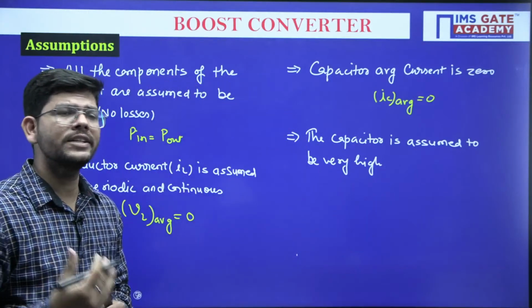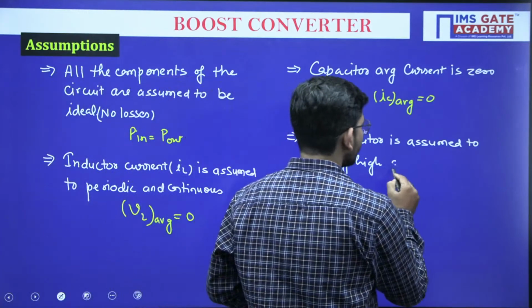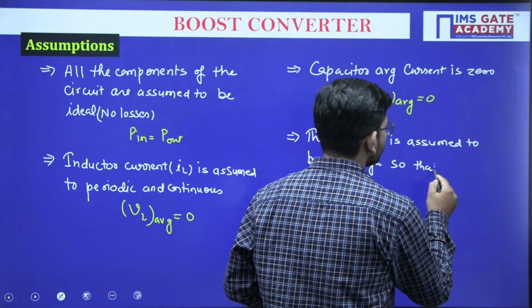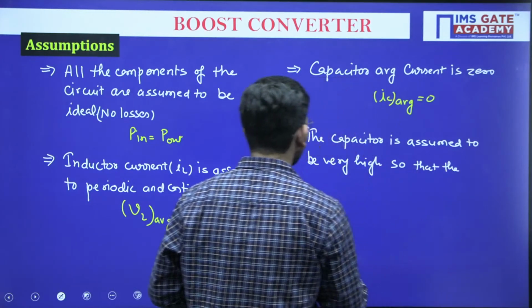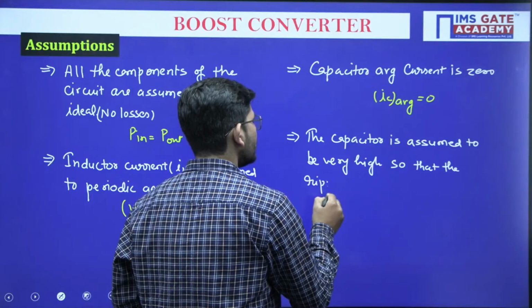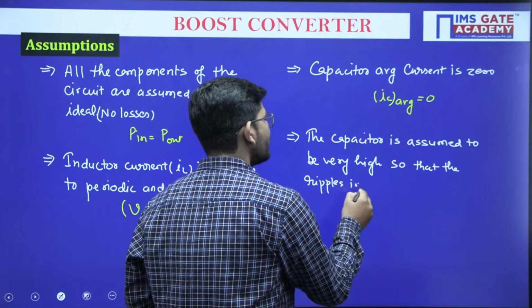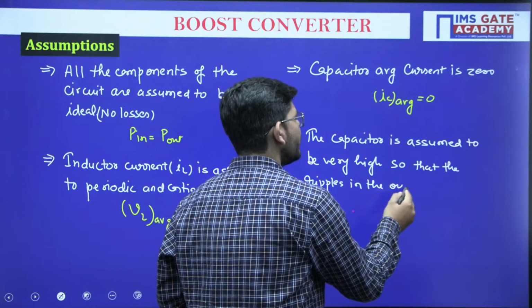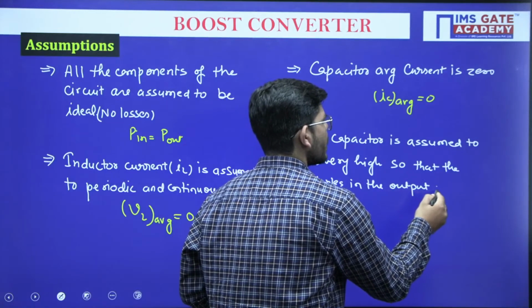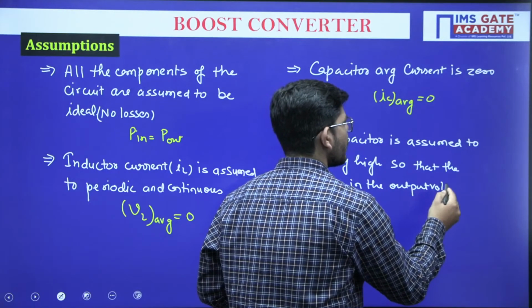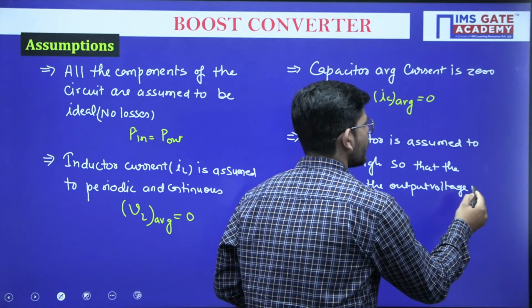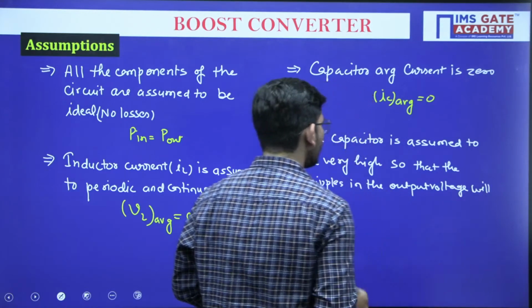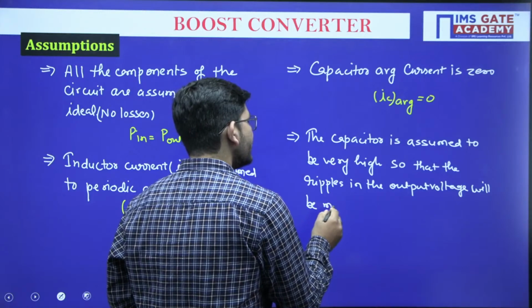The capacitor is assumed to be very high so that the ripples in the output voltage will be minimized.